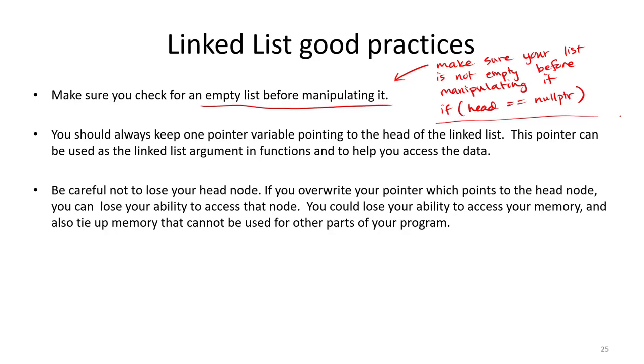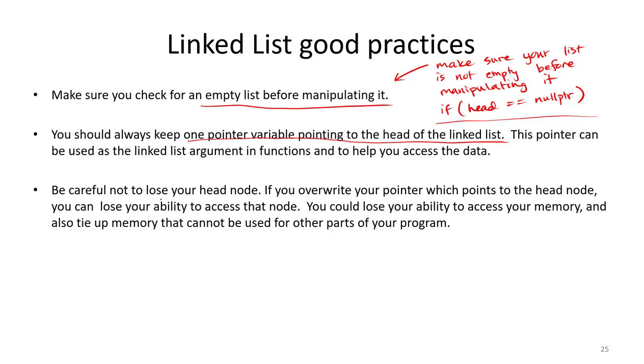Another good practice is to always keep a pointer variable pointing to the head of our linked list. Most of the time, we tend to call that pointer head because it's pointing to the front of our list. And we'll see later that we use that pointer in functions and also to access the data.